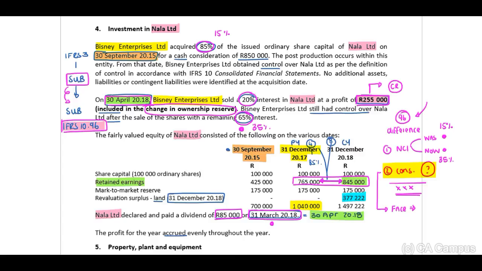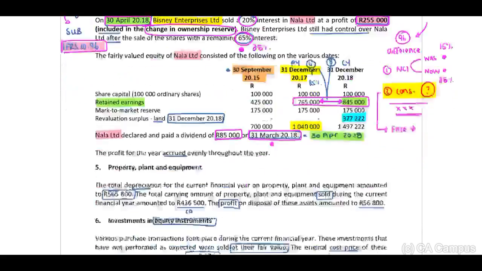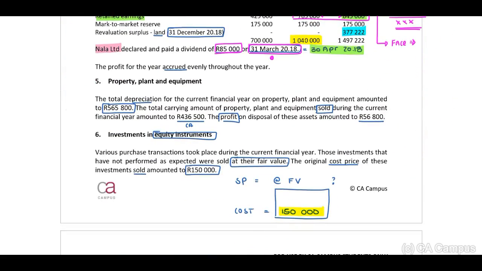Right, guys, now when we look at NALA, we have performed all of the important details in terms of our cash flow, and we are now able to tick off NALA and move on to our property, plant and equipment.